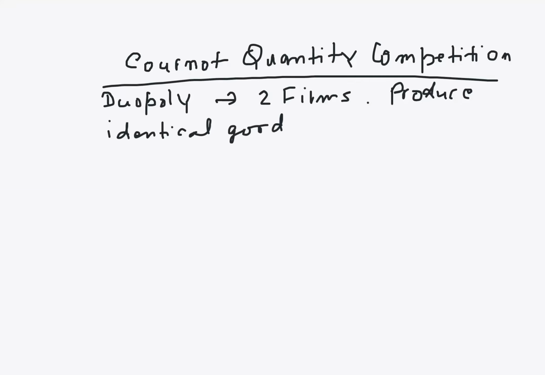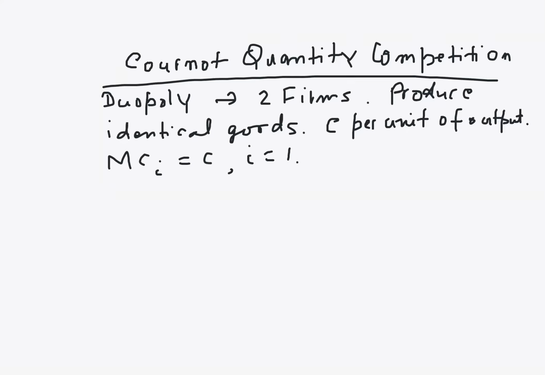And let's also suppose that they incur a constant marginal cost of C. So C per unit of output. So marginal cost of firm 1 and firm 2 is equal to C. You can always have different marginal costs.